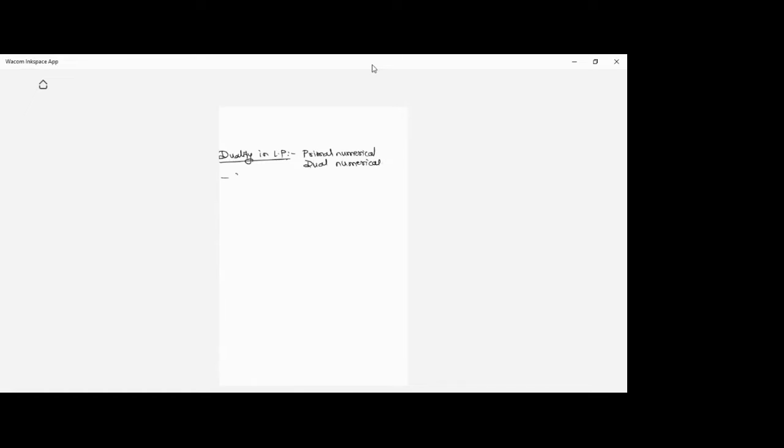So now, for every linear programming problem, that is LPP, there is a unique LP problem which is related to it and which involves the same data which describes the original problem.